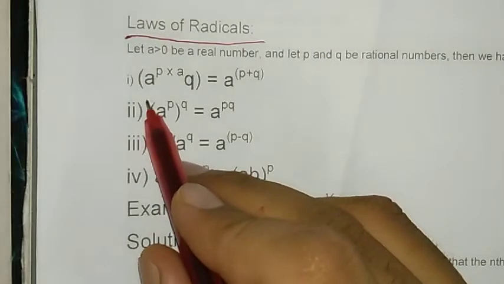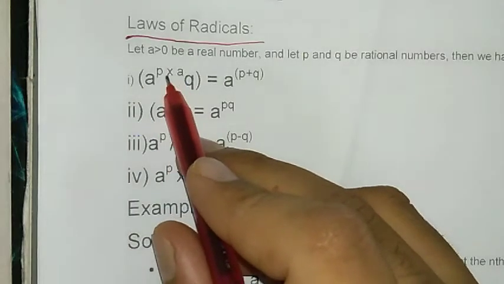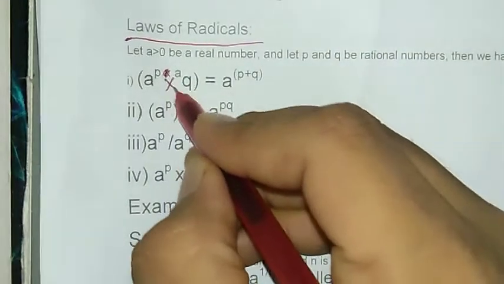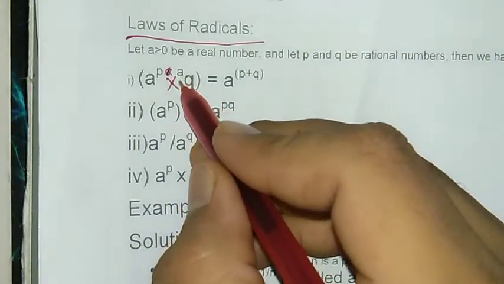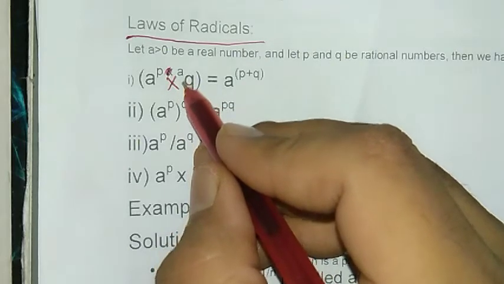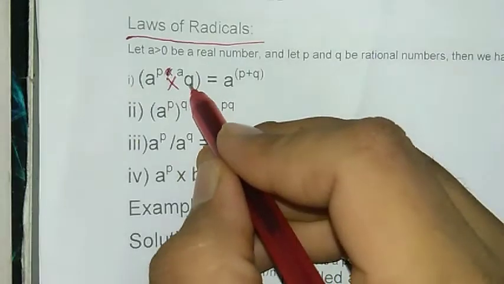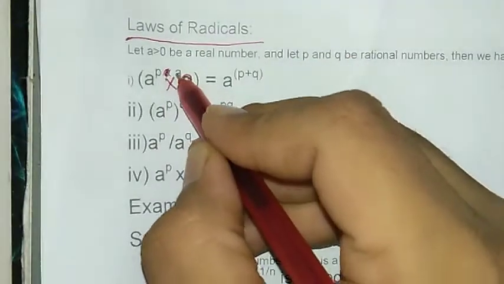Suppose there is a number which has some power, and as a whole it is multiplied with another number having the same power. Suppose the number is a, it's a printing mistake, students, please don't mind.